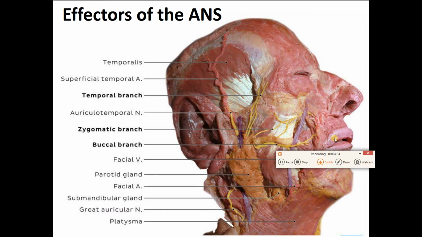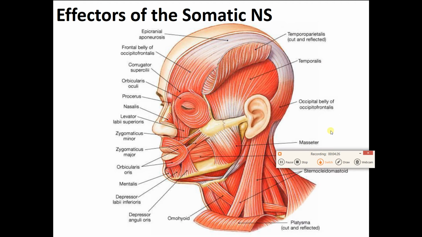Now, what we can do is contrast that to the effectors of the somatic nervous system. And all the things I see here are skeletal muscles. The somatic nervous system is going to have skeletal muscles as its effector. Now remember, skeletal muscles are generally considered to be voluntary. So whereas the ANS is involuntary, the somatic nervous system is voluntary. And you should look at some of these here.